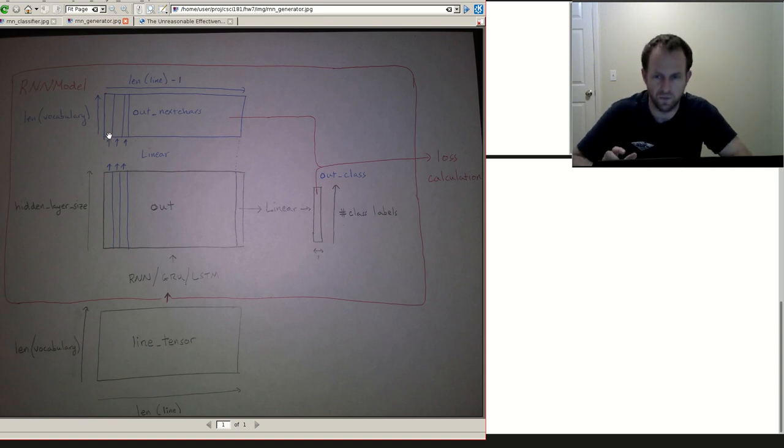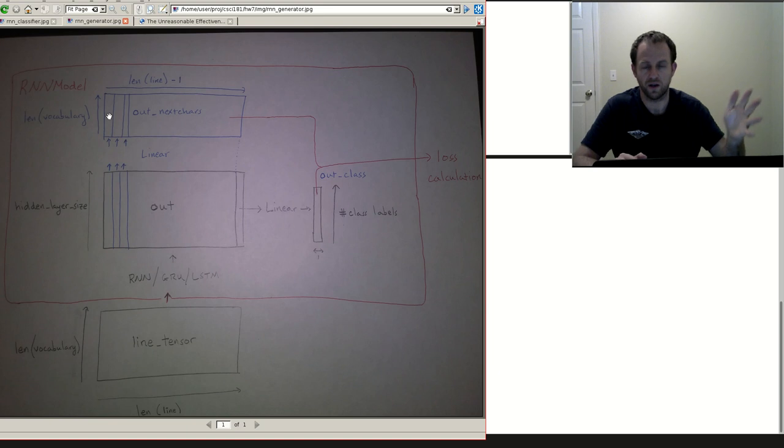So why is this a probability distribution? The key idea is to remember that inside of this vector here, there's one real number for each class that we're trying to predict. In this case, those classes are the letters that we're trying to predict.